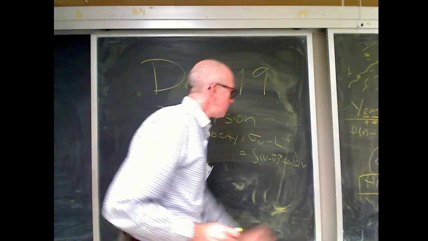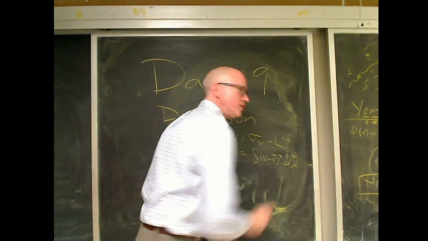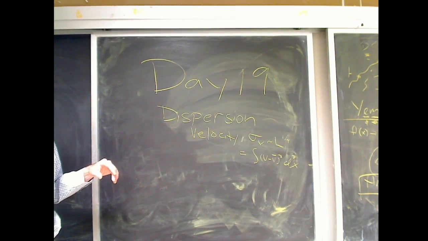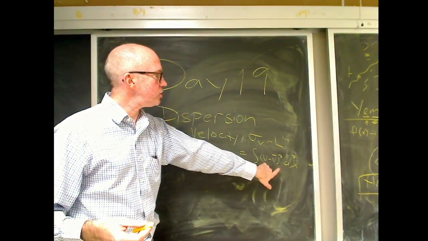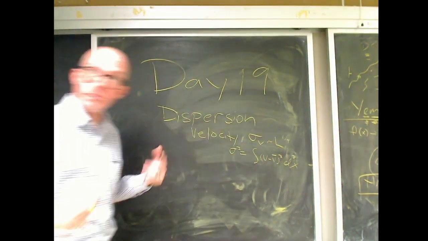Or I could just say d cubed x. I can just integrate over all space rather than velocity. I can just change what I'm integrating. So it's just the velocity minus the average, square that. That's the velocity dispersion. Sigma squared equals that.